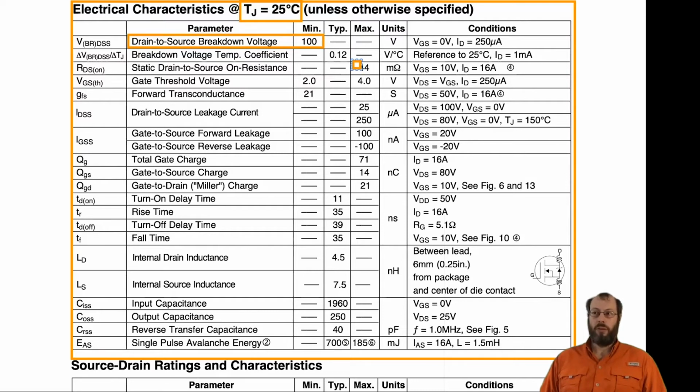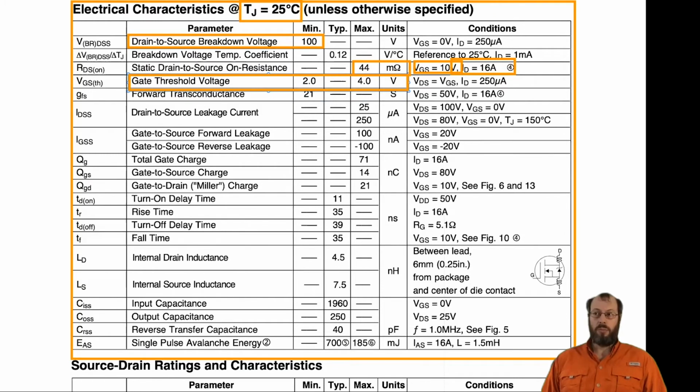The 44 milliohm are given at a maximum for these operating conditions, then 16 amps through the device, which is not the maximum the device can actually conduct, and a control voltage of 10 volts. The gate threshold voltage is telling us when the device actually starts to turn on to conduct the current.